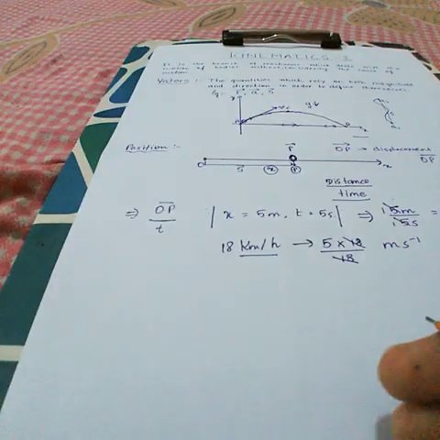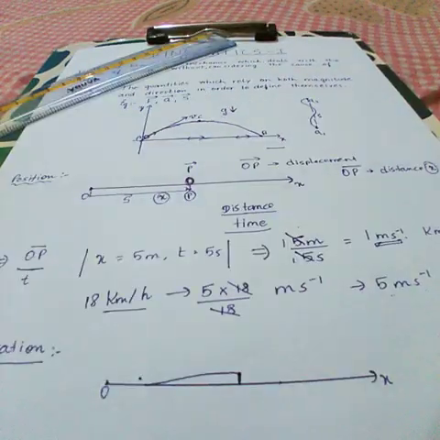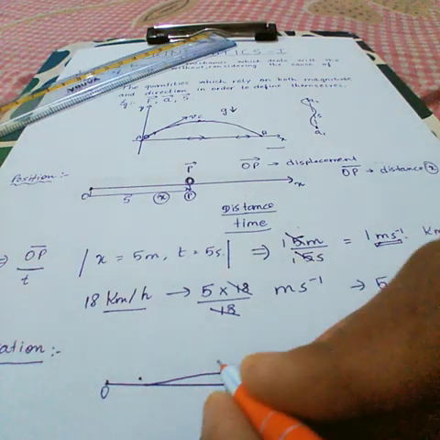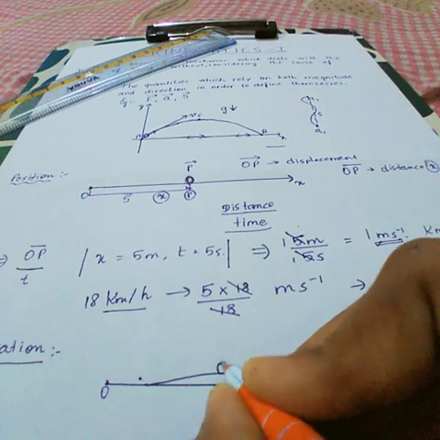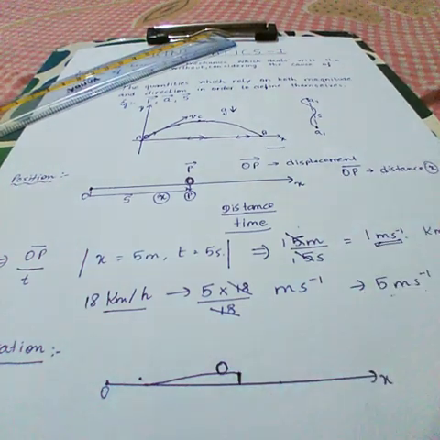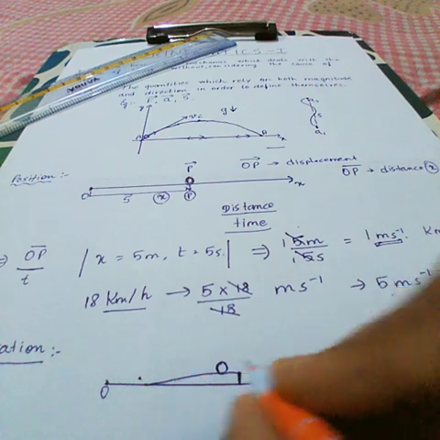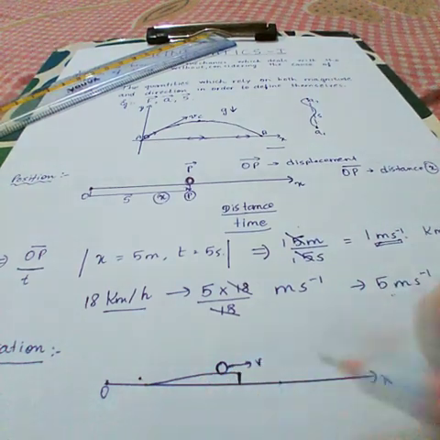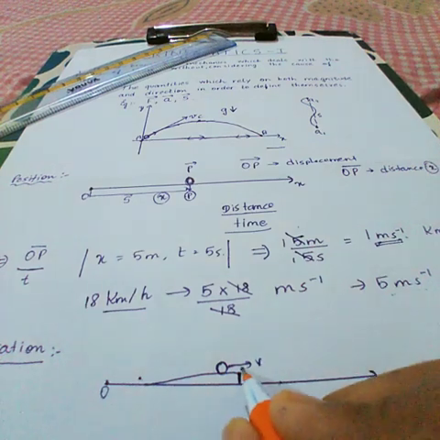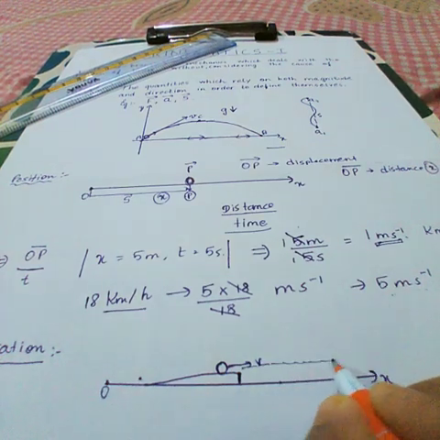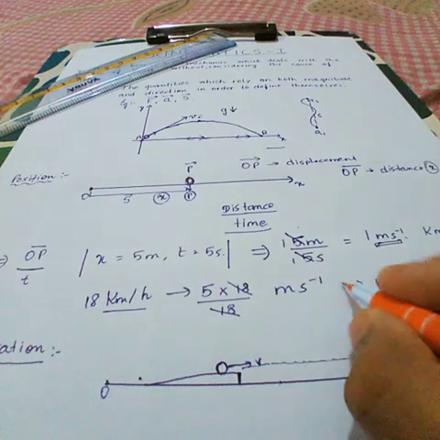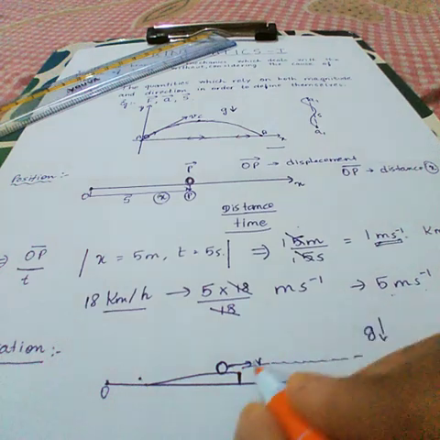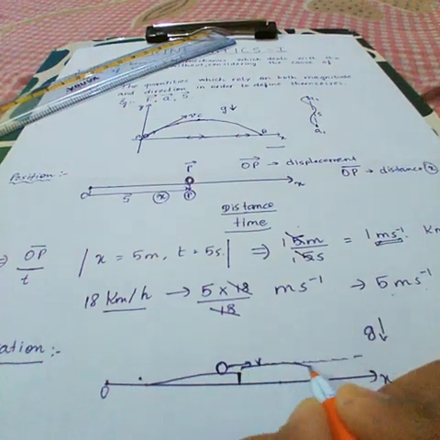Now the next topic which we are going to study is acceleration. Now to study acceleration, we are taking a simple example. We are taking a ball here, and we are throwing it with a velocity v. So its tendency will be to move in this direction, but it will be influenced under gravity. So its motion would be like this.